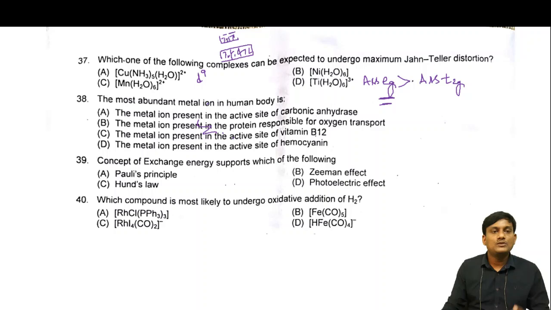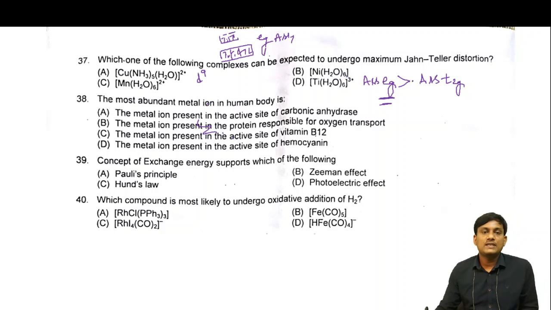In one orbital you have 2 electrons, in another orbital you have only 1 electron. So in this d9 case eg is asymmetric. And Ni(H2O)6 2 plus, it's a d8 electronic configuration. In this case, let us take d8.